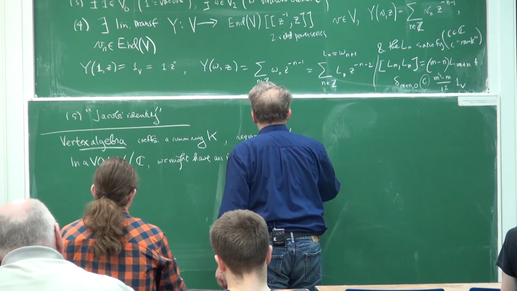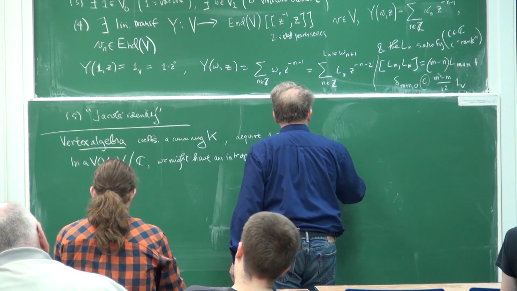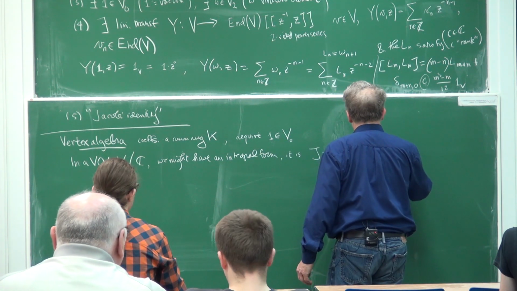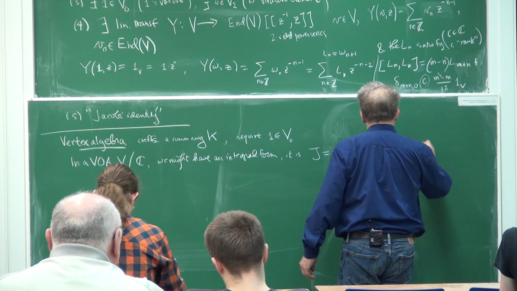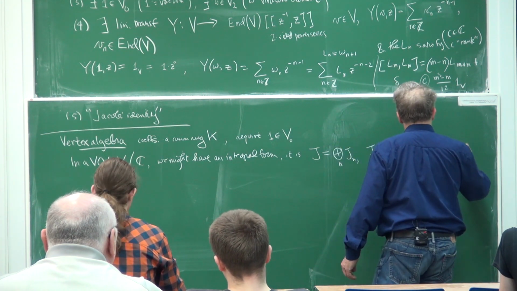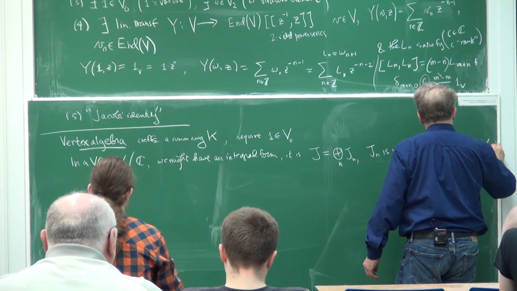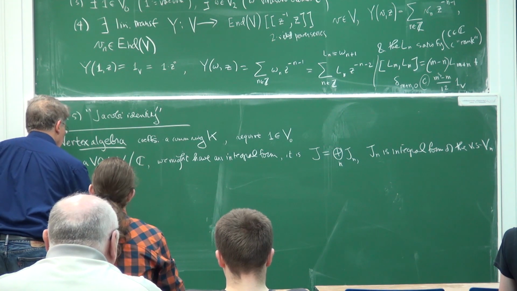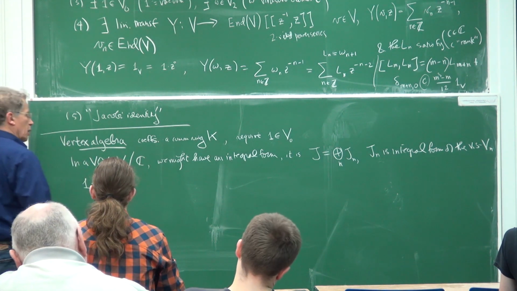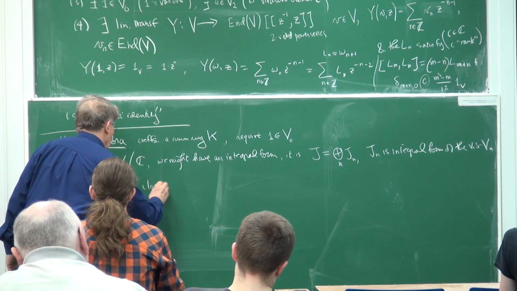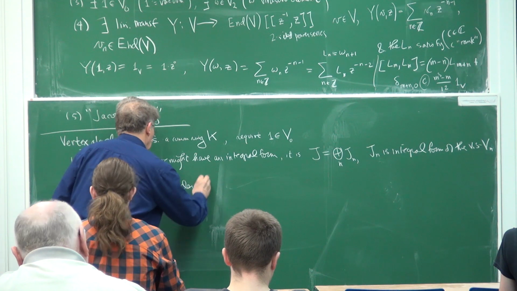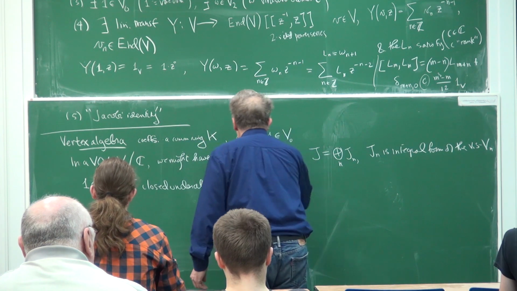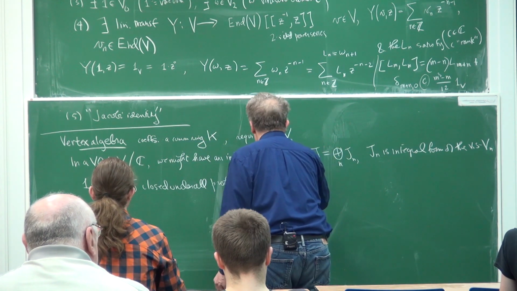So it is J, where J_n is an integral form of the vector space V_n. 1 is in J_0. J is closed under all products. I defined this last time, but I guess I didn't do it this time.